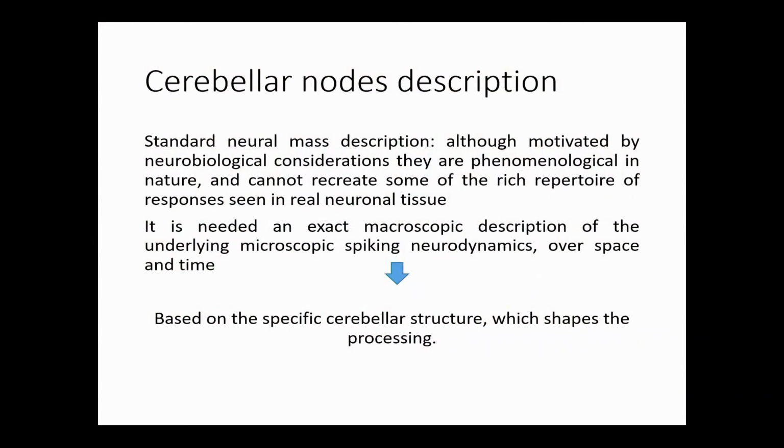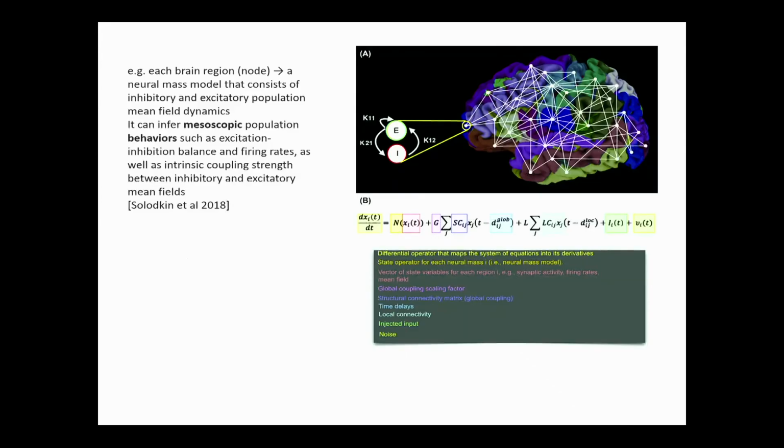So we want to keep as many of these features as possible within the description of these nodes, specifically for the cerebellum in this case, in order to really generate a cerebellar processing, a powerful tool to understand the underlying mechanism of functional phenomena we can observe in the virtual brain simulation.